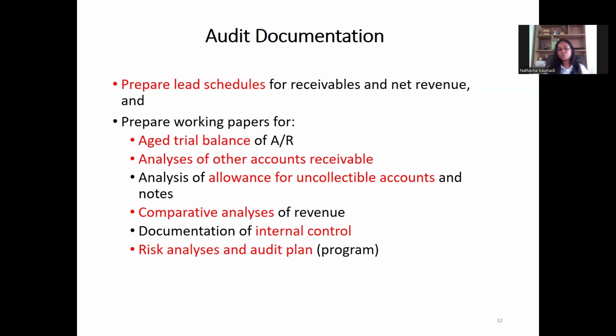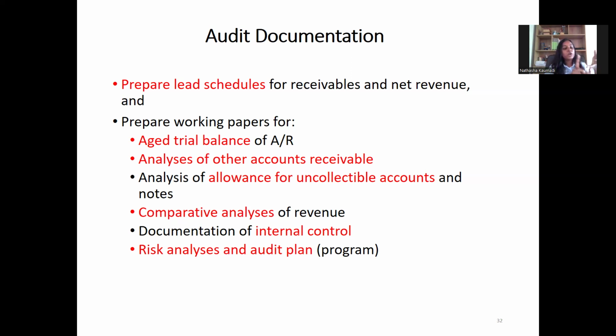Documentation of internal controls. Obviously these come first. Before doing substantive procedures, you have to do system study. That means you have to understand the revenue cycle. You can understand the industry. You can understand the client. You can record these things. You can understand the controls placed in the company. So you can list them.